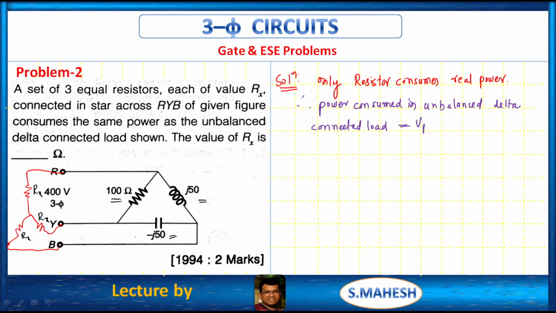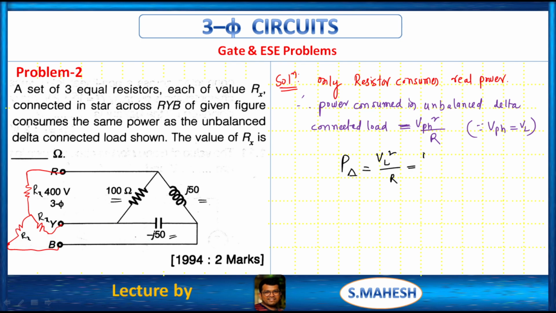We know that it is V phase square by R, because in case of delta, V phase is equal to V line. That's it, right? Therefore, power in delta connection is what? VL square by R, right?